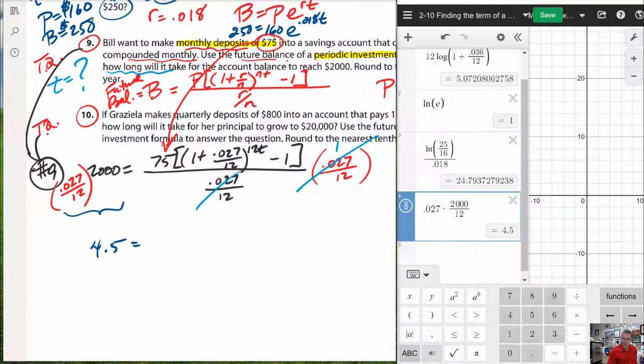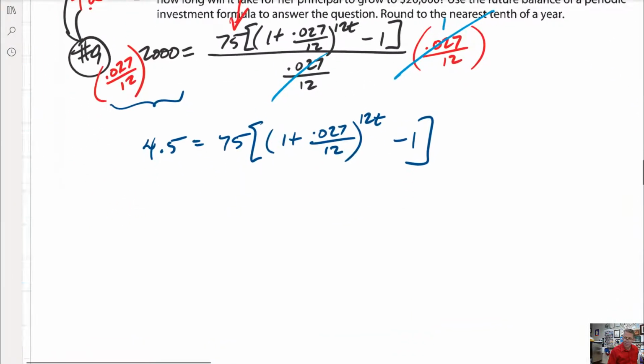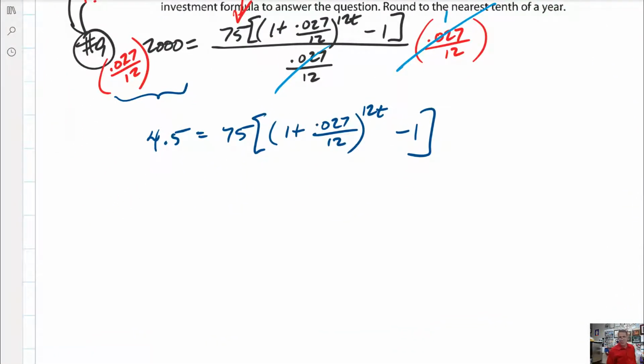The fractions cancel out on the right, and it gives me 75 times 1 plus 0.027 divided by 12 to the 12t power minus 1. Okay, now let's go back up here. At this point, you've got to cancel out the minus 1, you've got to cancel out the 75. So I would just divide this by 75, something easy to do here.